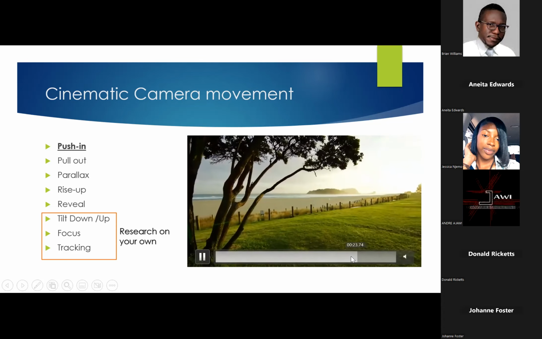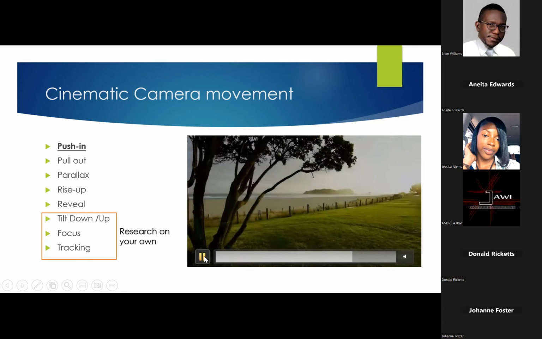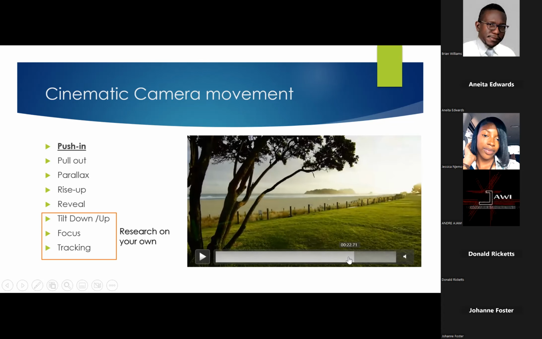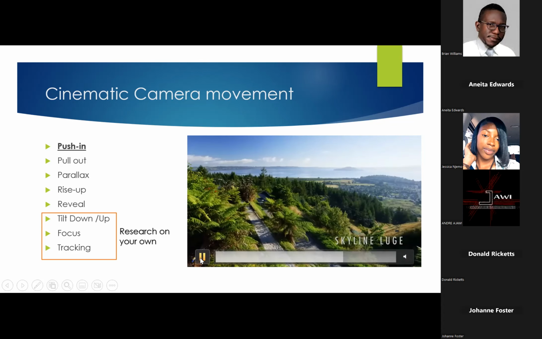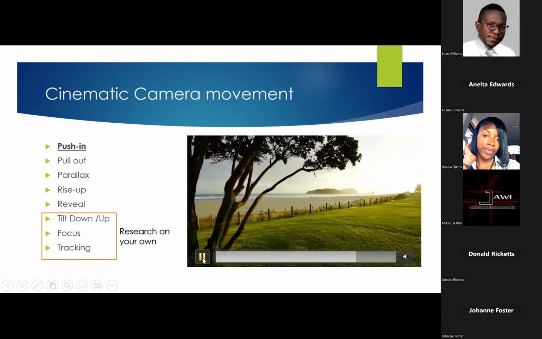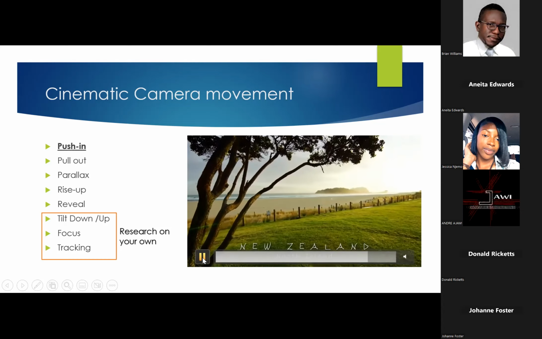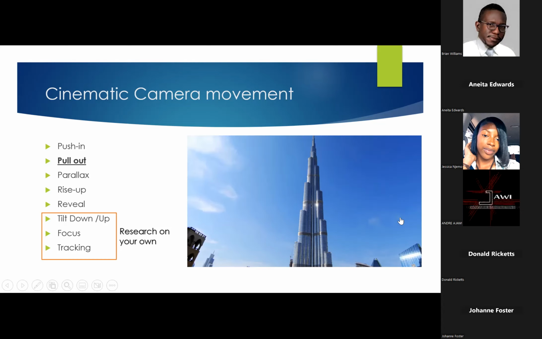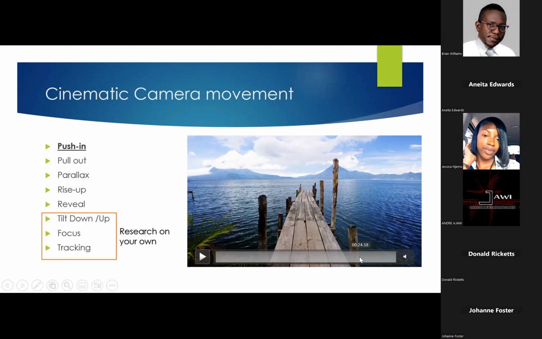All right. Now look at even this one that's here, right? Notice, what is the interesting thing that you notice with this shot? Anybody? What is it that makes that shot interesting?